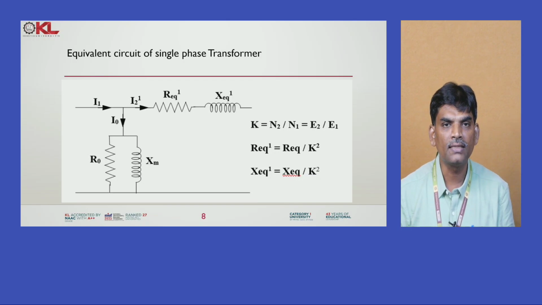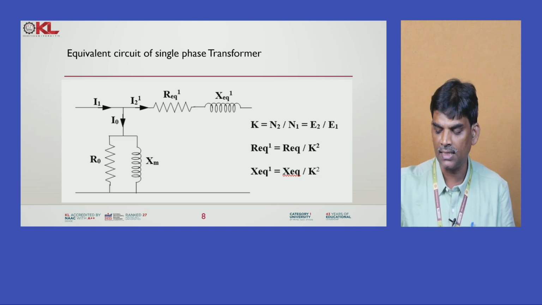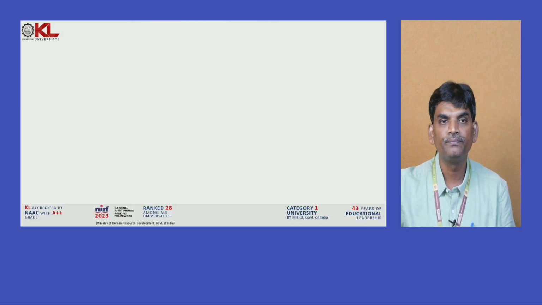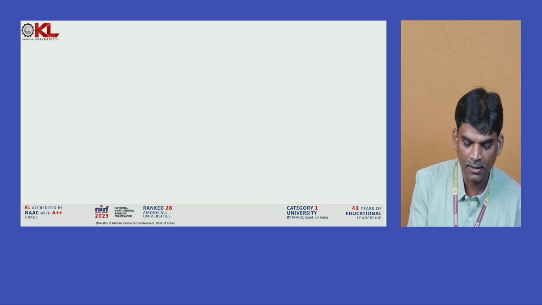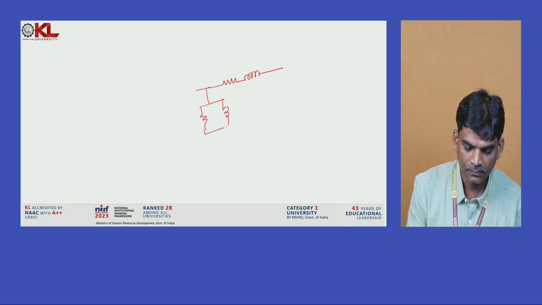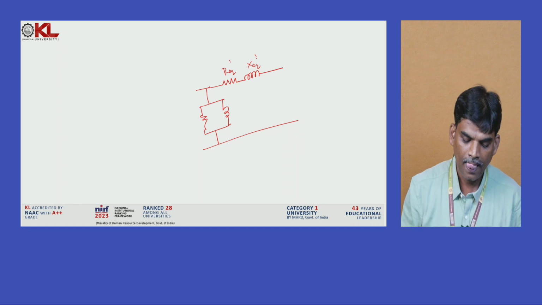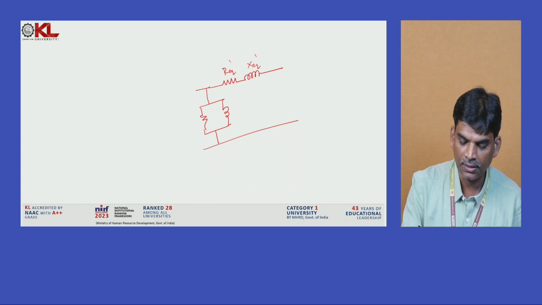By using these formulas we calculate R equivalent dash and X equivalent dash and provide them here. But what happened to R naught and XM in the OC test and this SC test? Let me show this. Similarly to the previous class, in place of the transformer I am taking its equivalent circuit. This is R equivalent dash and X equivalent dash, and the secondary is short circuited.